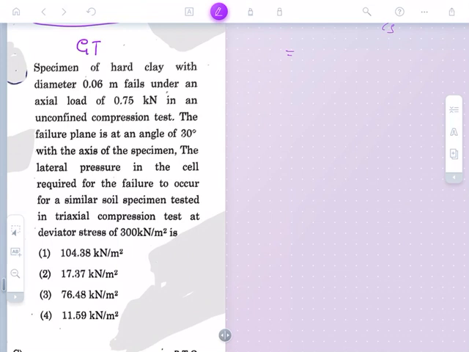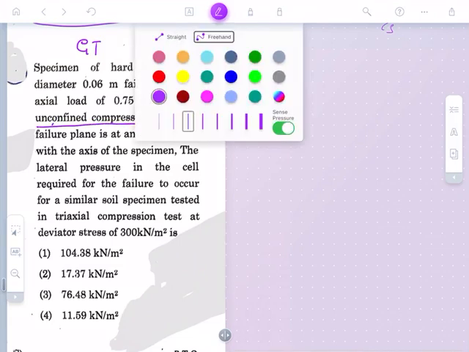The specimen of hard clay of diameter 0.06 meter fails under an axial load of 0.17 kilonewton in an unconfined compression test.